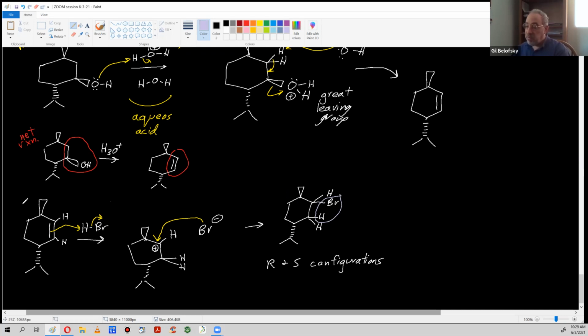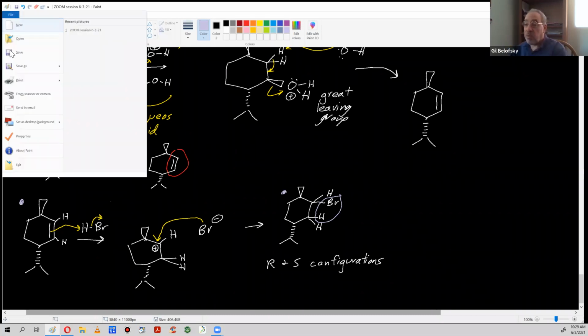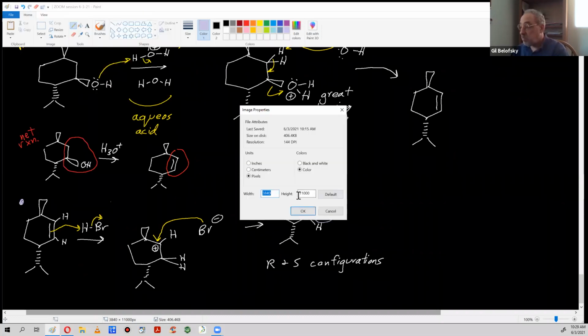So from over here to over here would be the net reaction. I just showed the mechanism because it's what I do. But another thing to point out, or a couple more things to point out, except I need more space at the bottom.